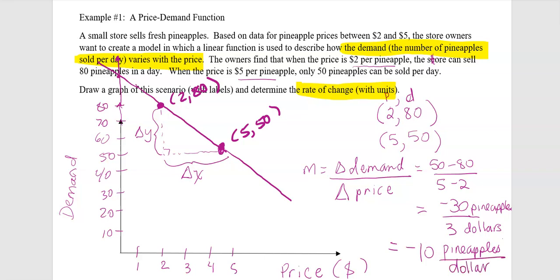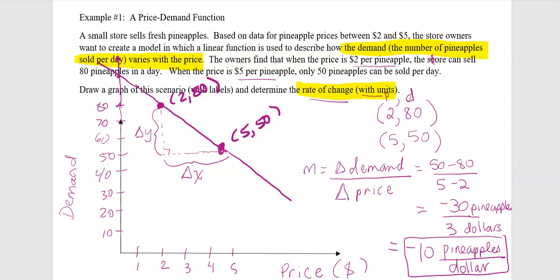You could use a dollar sign there, and I expect that this will be negative. It is not negative $10 per pineapple, so it's really important that when you write your units for the rate of change, you have the change in y over the change in x. So in this case, it's negative 10 pineapples per dollar.